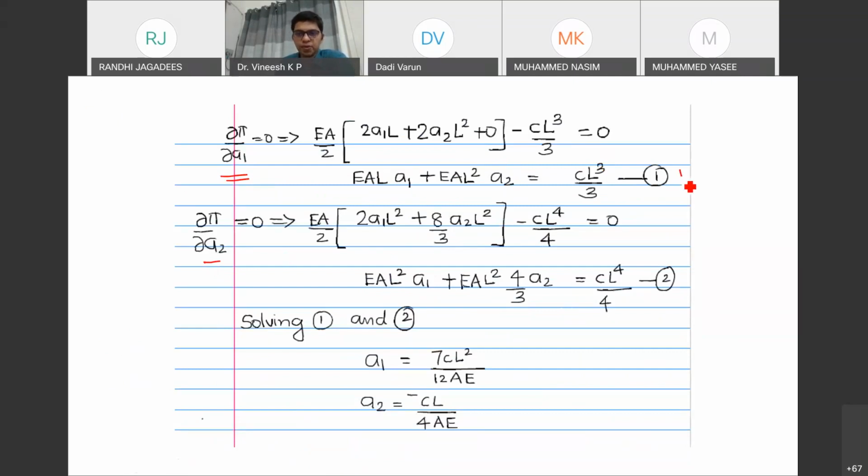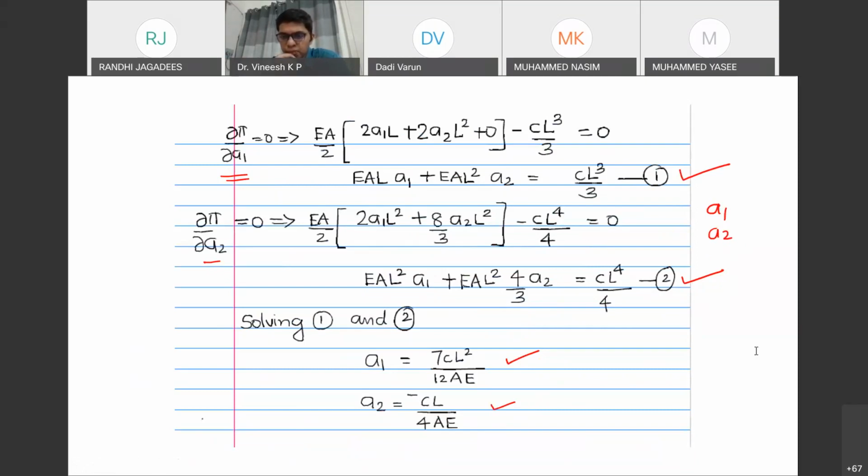So you have equation number 1 and equation number 2. Since you have two equations and two unknowns, you can solve for A1 and A2. A1 you are going to get 7CL square by 12A, and A2 you are going to get CL by 4A.